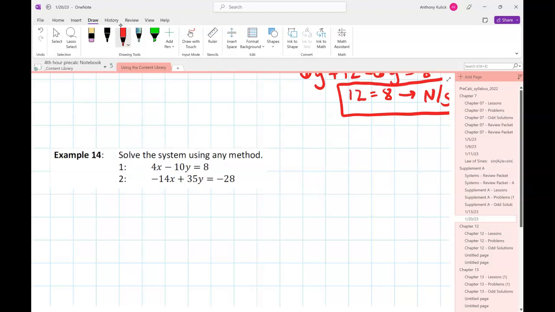Is there a good substitution route here? No, right? No matter what variable I choose to isolate, I'm going to end up with a fraction every single time. Mr. Kulik's choice, I'm not doing substitution on this. I'm not touching it. I don't want to do the fractions. It's not worth it. I would just do elimination.